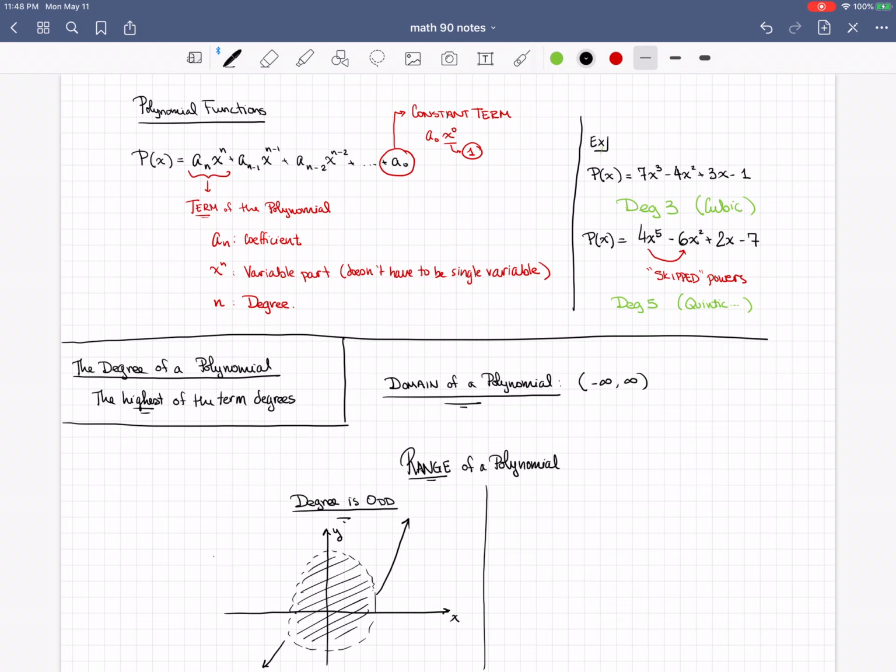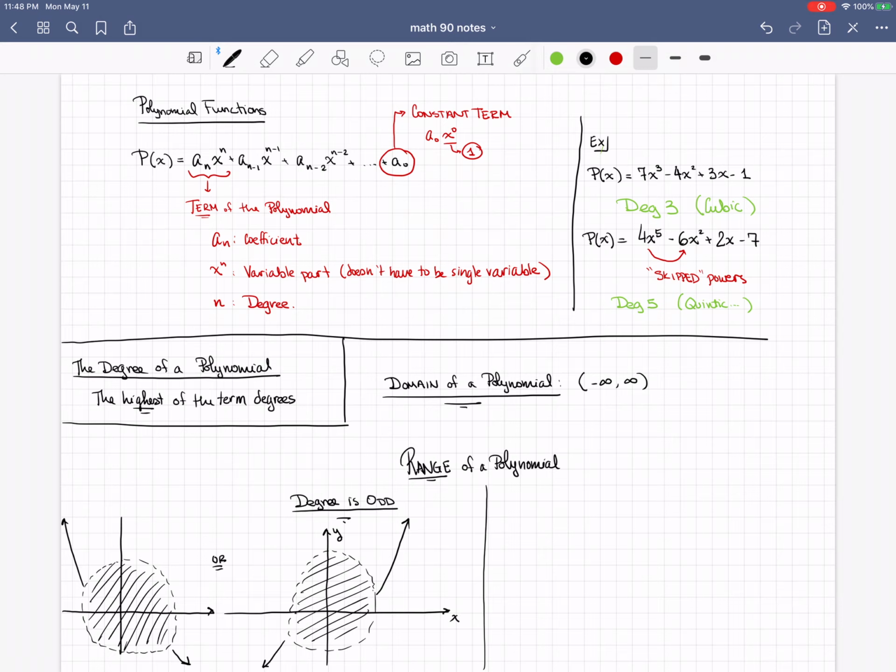It doesn't have to tend to positive infinity on the right and negative infinity on the left. It could do it the other way around. But again, the eventual reality is that it grows beyond all bound in both directions.